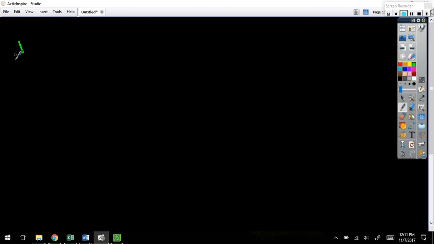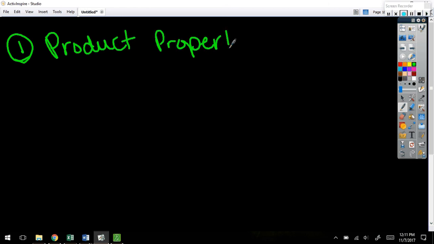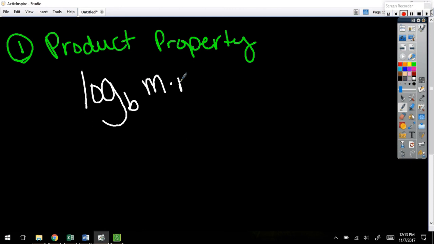The first one is called the product property. Product means what? Multiply. So let's say, actually, I'm going to change this to a log base B of 2 things multiplied together.